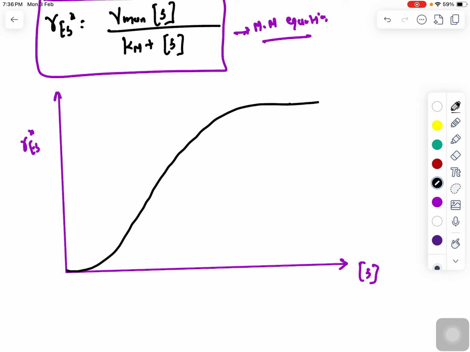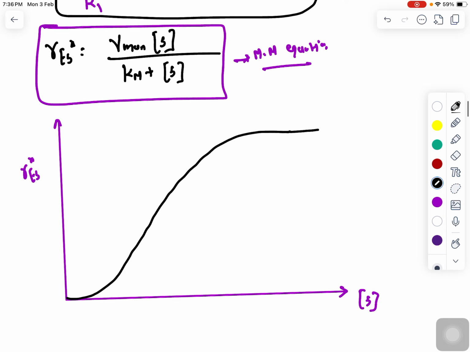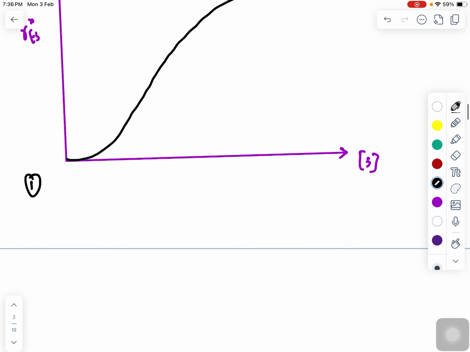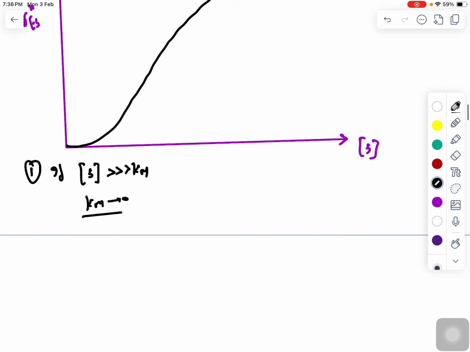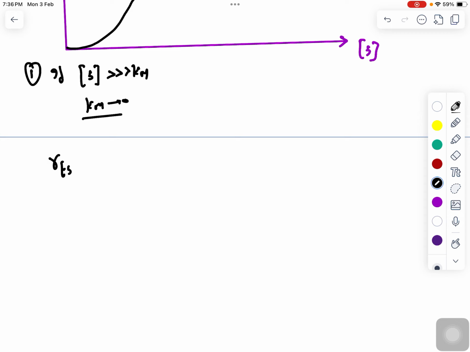Okay, so for the first point, if the concentration of S is very much greater than the Michaelis constant, what will happen? Km will tend to 0. So in that case, R ES can be written as Vmax into concentration of S divided by concentration of S. So this will get cancelled out and that will be your Vmax. So you will get the maximum rate, and the rate is independent of the concentration of the substrate.